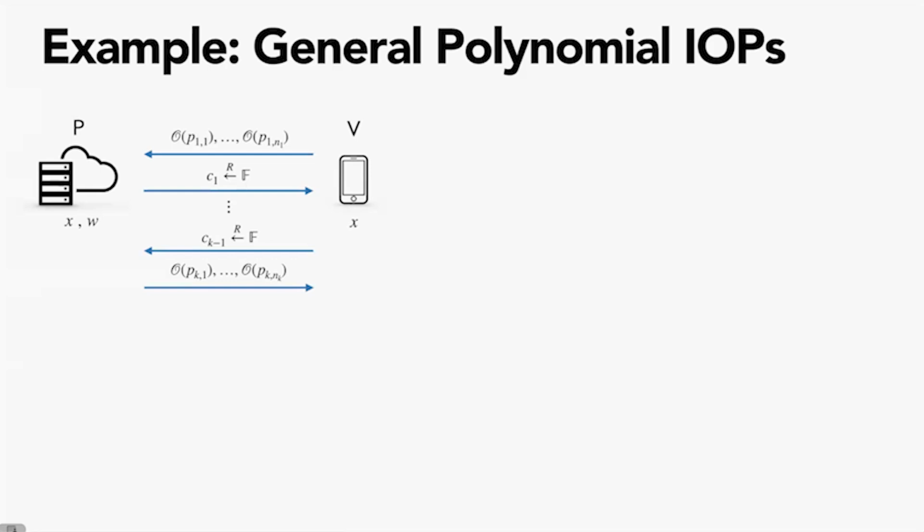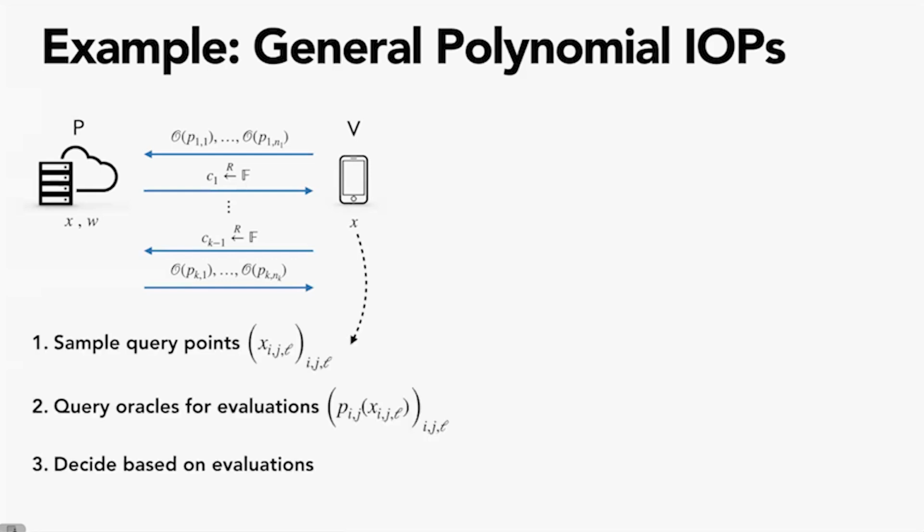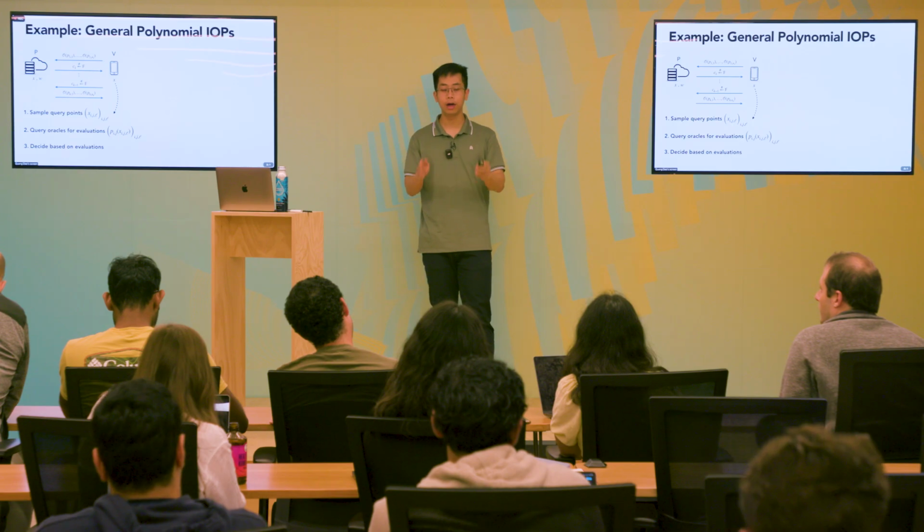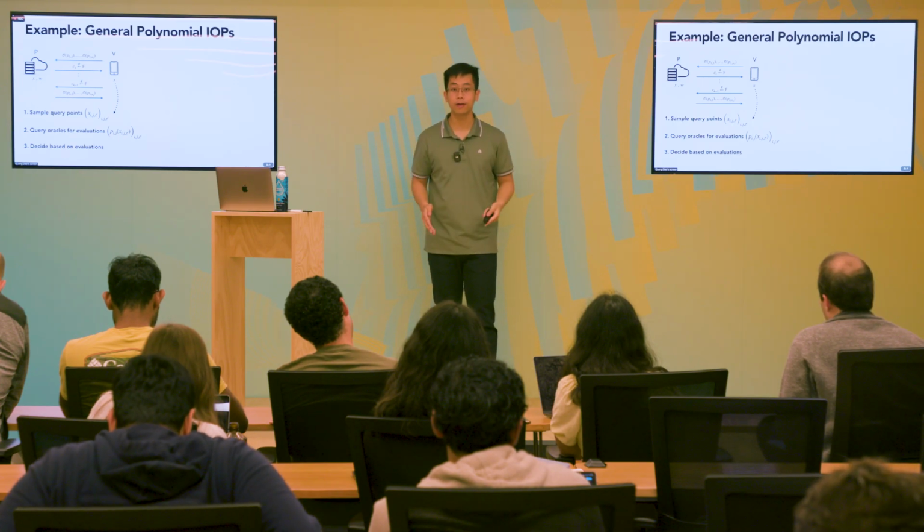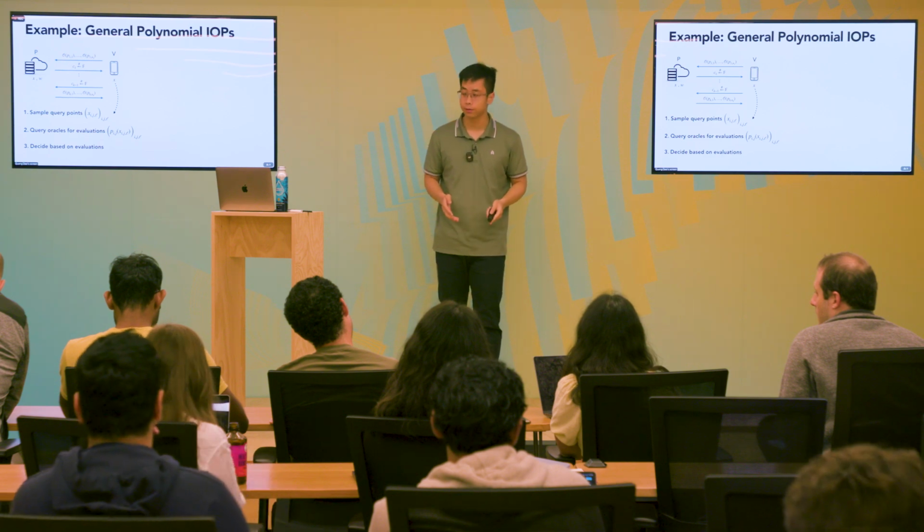After all this interaction is done, the verifier can now sample some query points. There is some sort of indexing here that is maybe a little bit hard to see. I just wanted to convey the general idea that it may happen in multiple rounds, and in each round there may be multiple polynomials. The verifier is going to sample some query points, query these oracles to get the evaluations at these points, and then decide based on these evaluations.